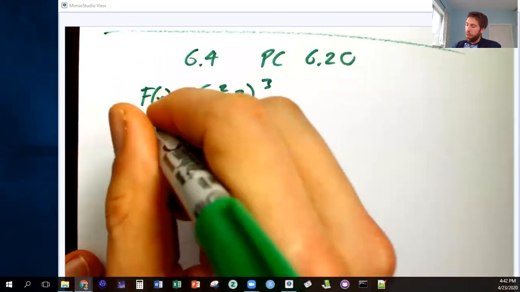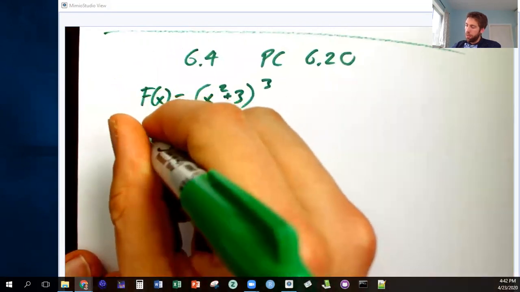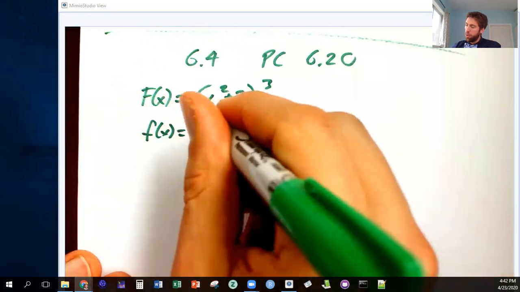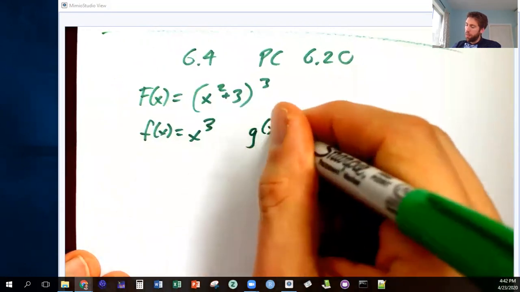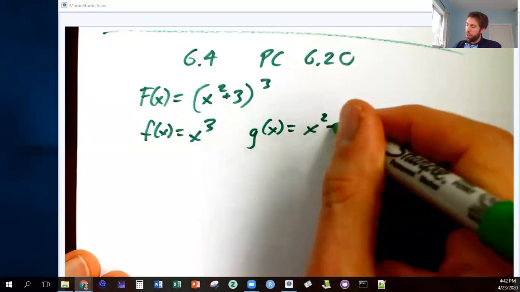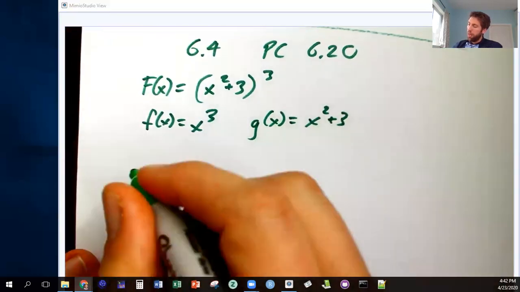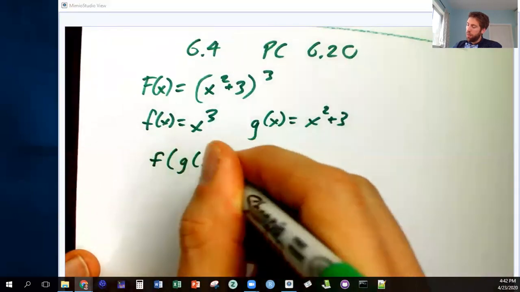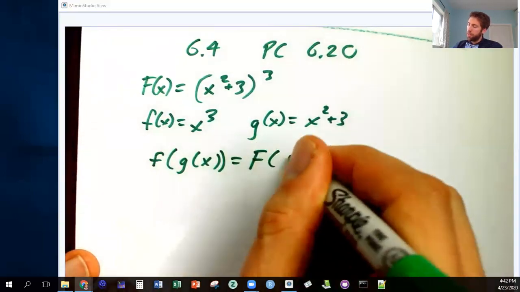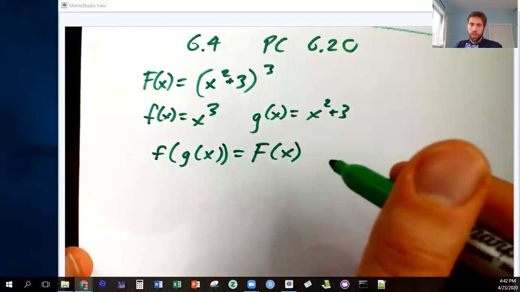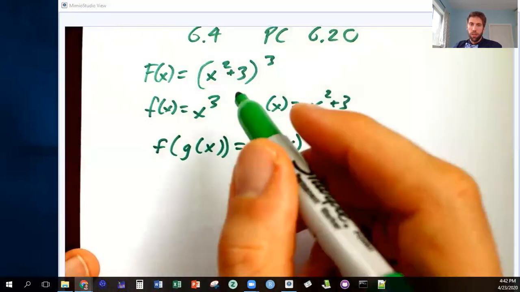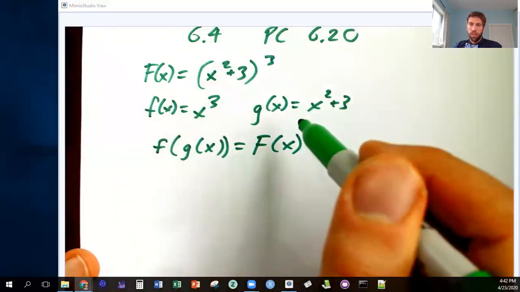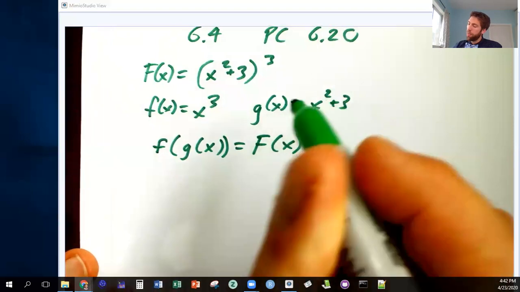Then if little f is x cubed and g of x equals x squared plus 3, then f of g of x equals big F of x. In this case, my outside function is cubing things. My inside function is x squared plus 3.